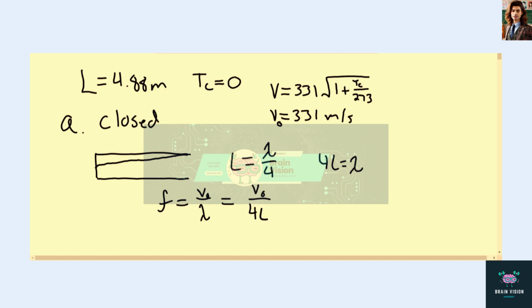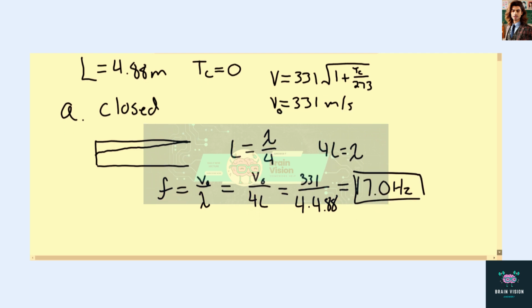We have values for V0 and for L, so we can plug in everything. Our expression is 331 meters per second divided by 4 times 4.88 meters. If you plug this into your calculator, you will get that the fundamental frequency is 17.0 hertz. And that's our answer for part A.